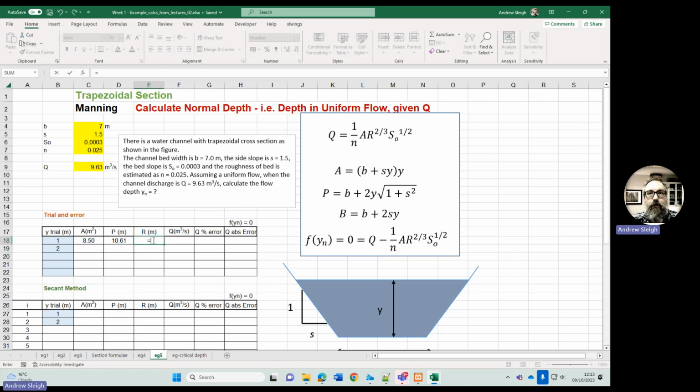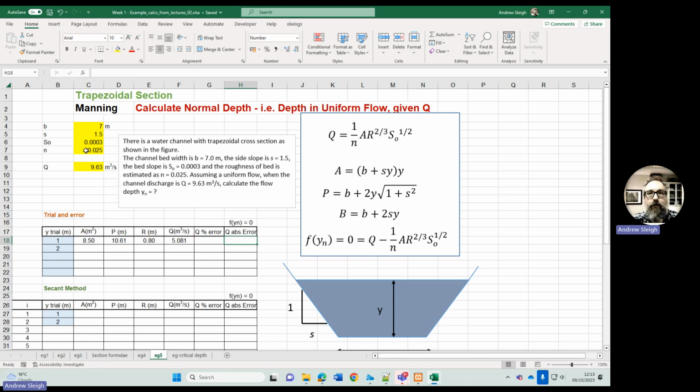R, as always, is equal to A divided by P. Q, now we'll just write this formula out again, equals A times R, remember that it's to the 2/3 in the Manning's equation, times by the bed slope as a constant raised to 0.5, and then we need to divide all that by n as a constant.